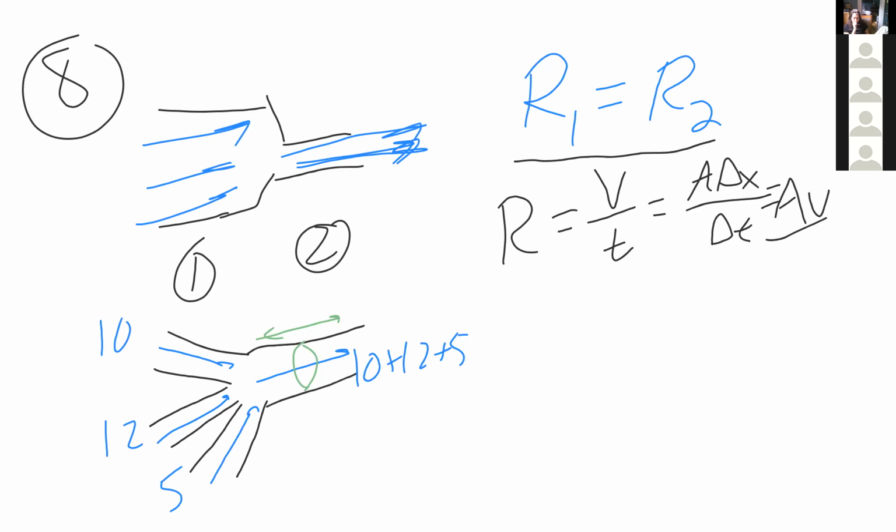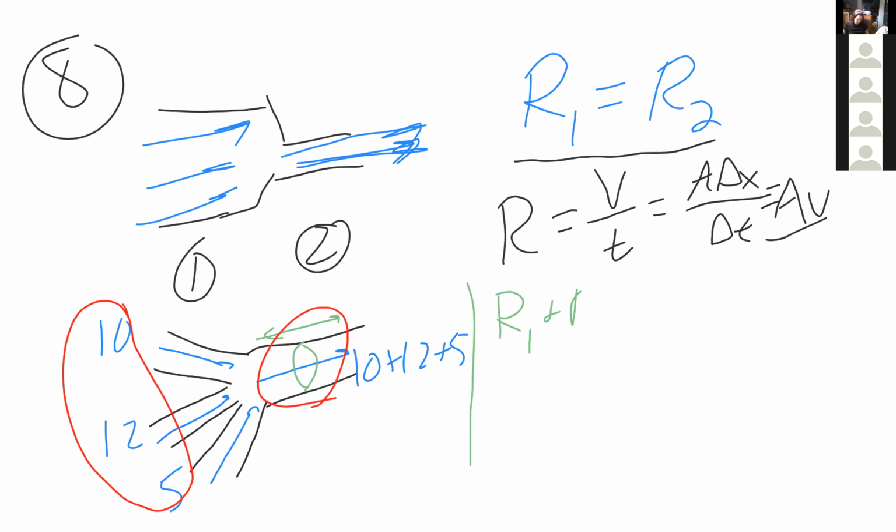Cool. So I know that these three volume flow rates have to be equal to the volume flow rate here, the sum of those. So calling those each 1, 2, 3, and 4, we have rate 1 plus rate 2 plus rate 3 is equal to rate 4.